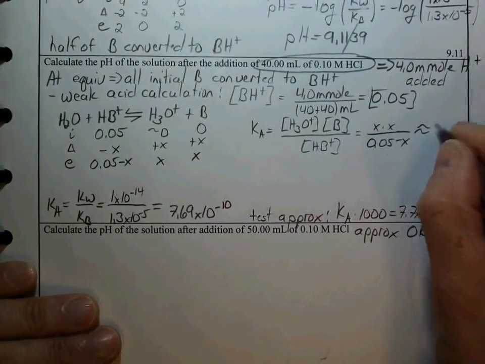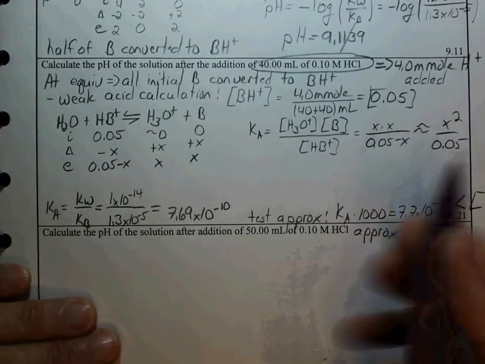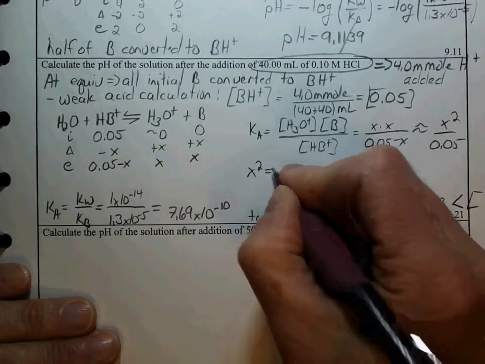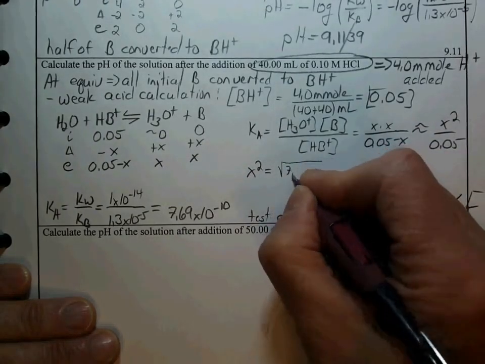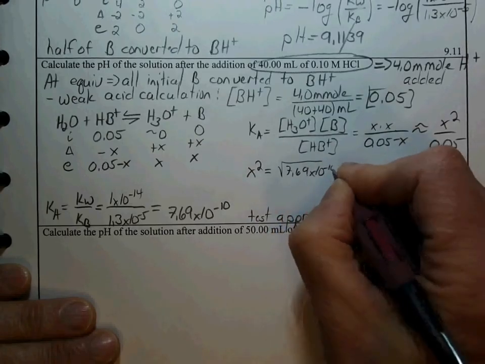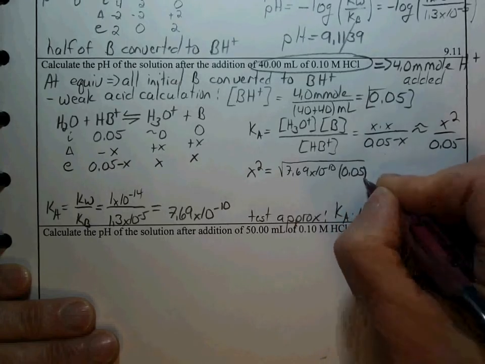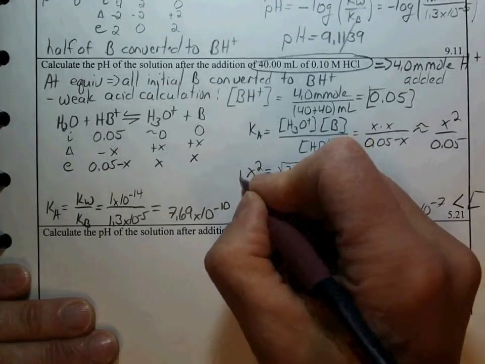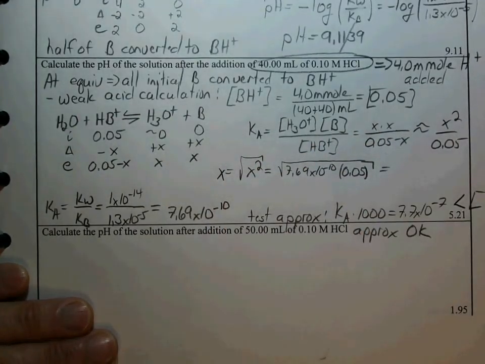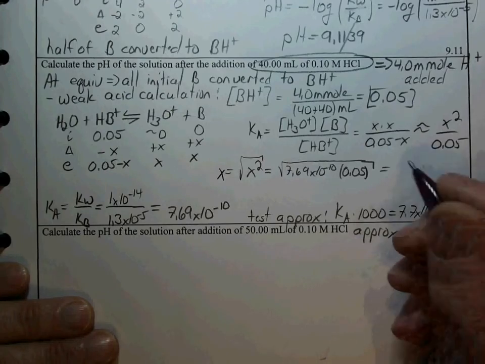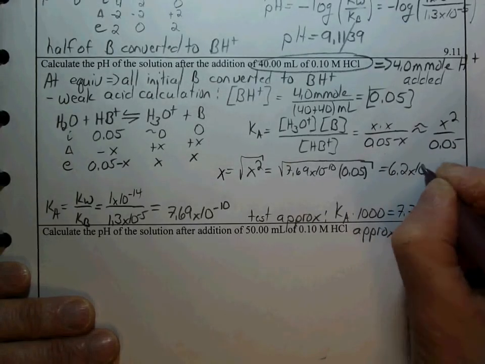So this is approximately equal to x squared over 0.05. Solving for x, we get that x is 6.2 times 10 to the minus 6.